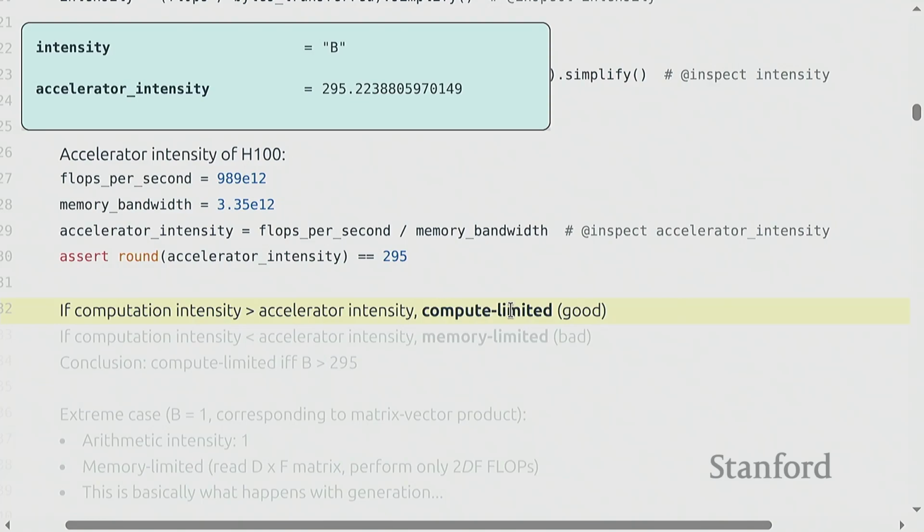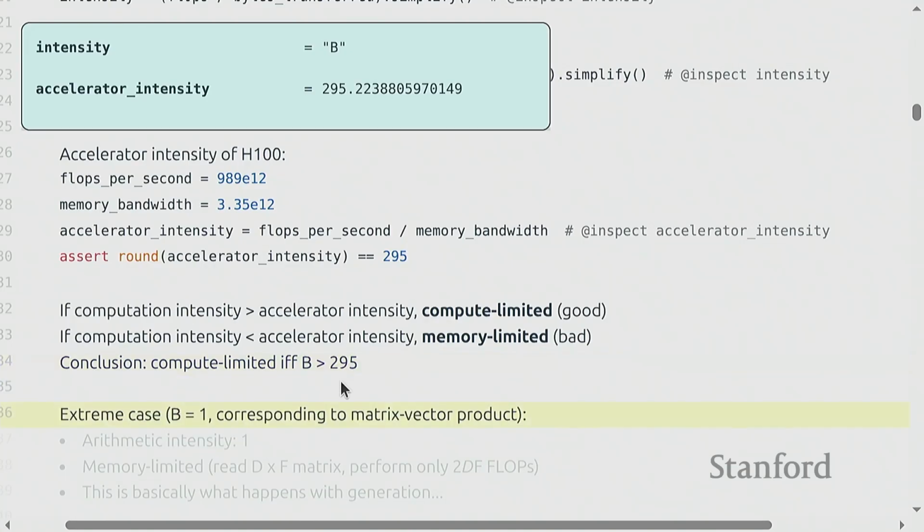That means you're able to use all the GPUs or TPUs. And if you're less than that, then you're memory limited, which is bad. So you're compute limited in this matrix multiplication case if B is greater than 295 for an H100. And all of this is a bit idealized. This is giving you a first order approximation of the actual details.